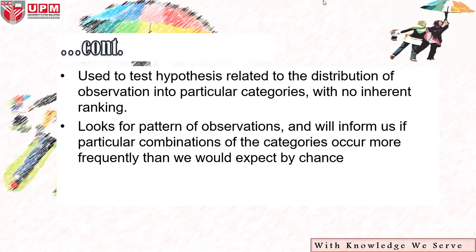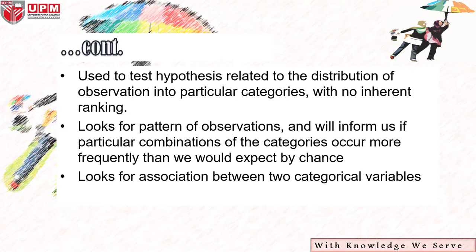Okay, so we use chi-square analysis to test hypotheses related to the distribution of observations. It involves the comparison between observed and expected values in particular categories with no inherent ranking. We are interested in looking for patterns of observation according to the categories, and it will inform us if a particular combination of the categories occurs more frequently than we would expect by chance.